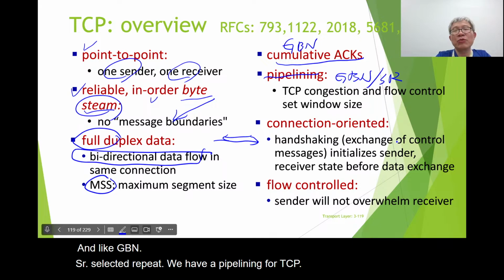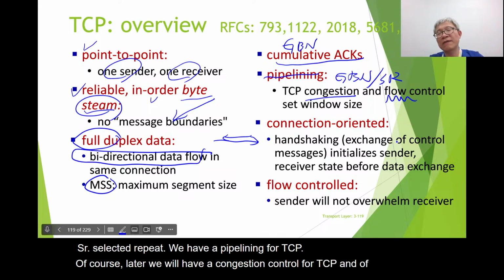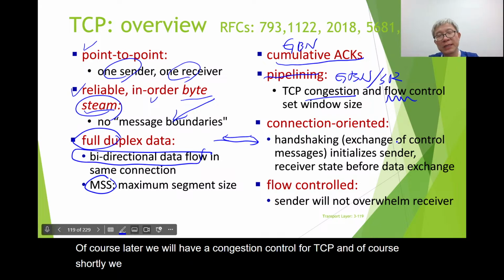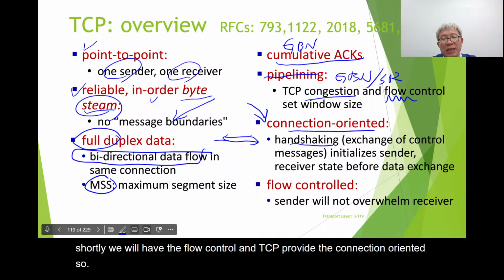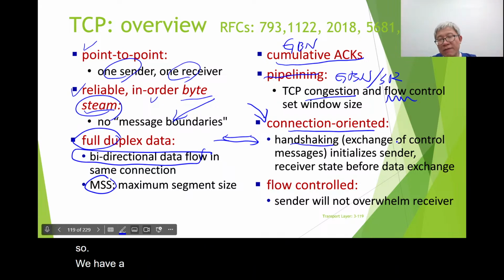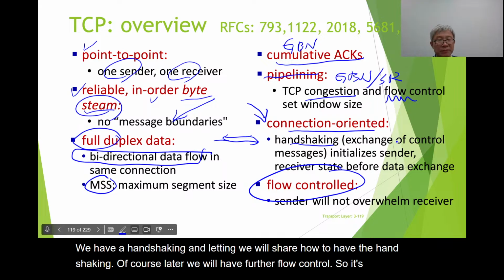Of course, later we will have congestion control for TCP, and shortly we will have flow control. TCP provides a connection-oriented service, so we have handshaking, and later we will check how the handshaking works. Of course, we will also have flow control.